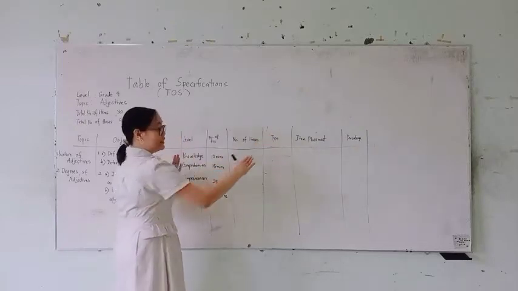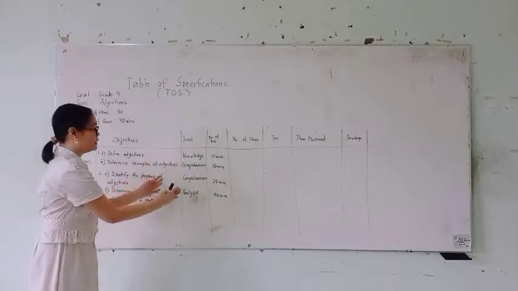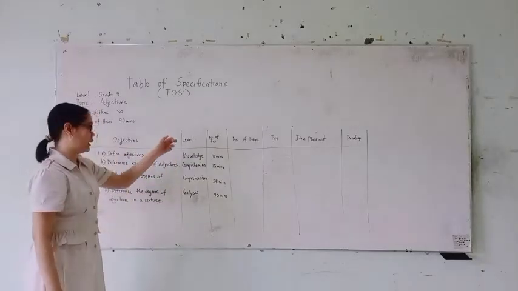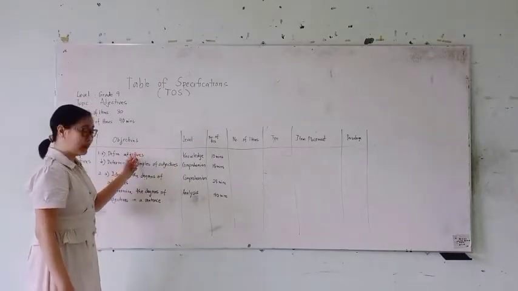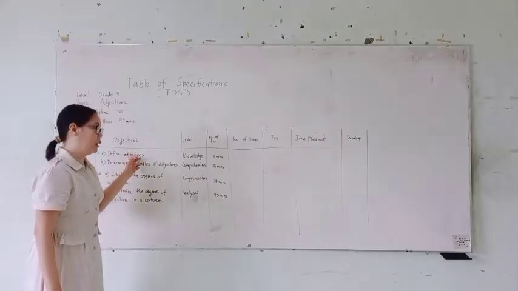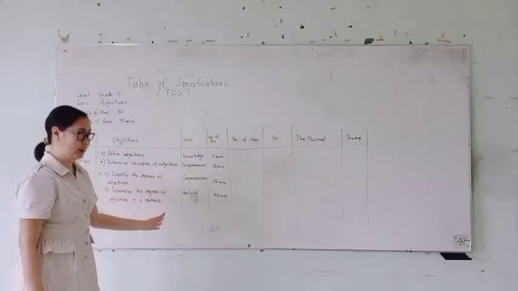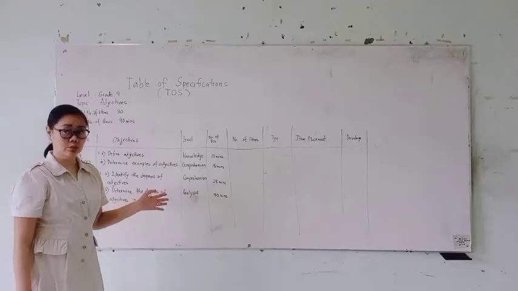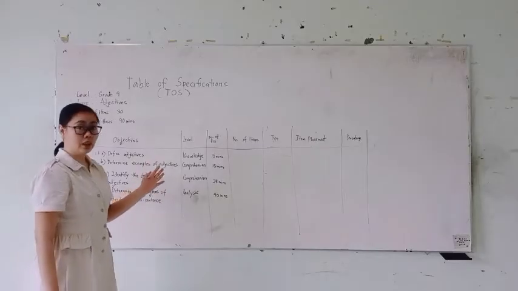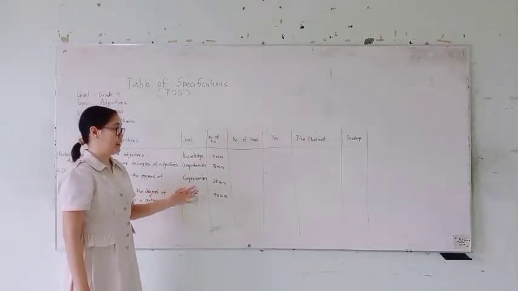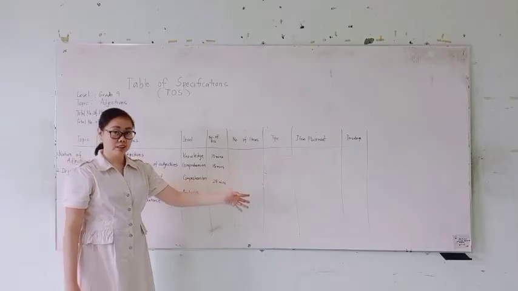Yun ang nakalagay in column. Pero dito sa case natin, pinasimple natin, nilagay natin yung level, at ina-identify na lang yung level ng objectives. Bakit kailangan natin yung level ng objectives? Malalaman natin yun mamaya kapag dating ng part na kinakailangan na natin i-identify yung placement ng items.